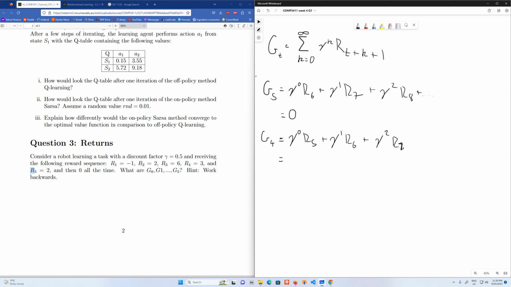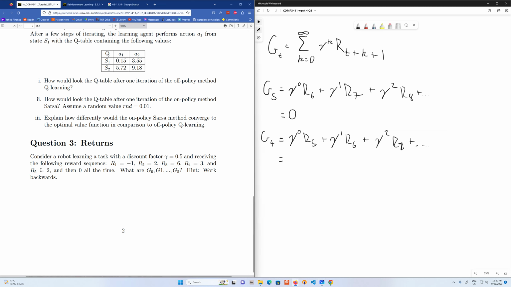Now, if we look at this equation carefully, and that will go out to infinity, we can see that we can reduce it down and sub in G5. So this first term, gamma to the power of 0, is going to equal 1. So this first term is just going to be reward number 5.